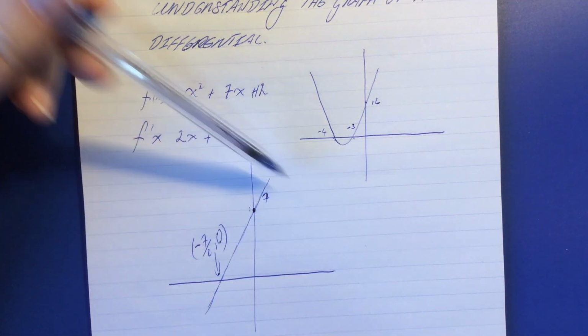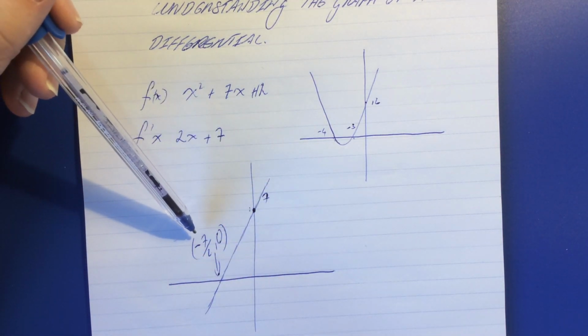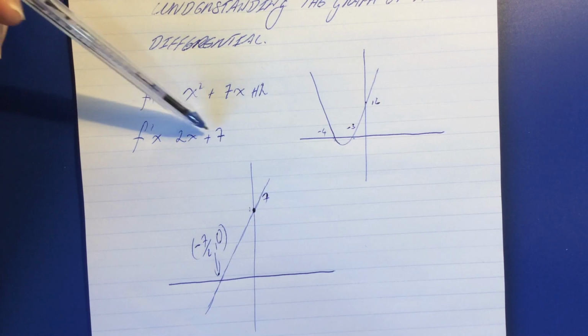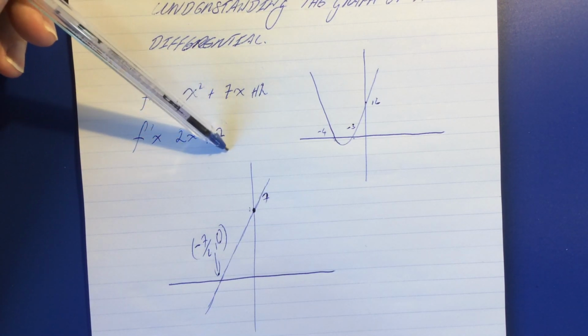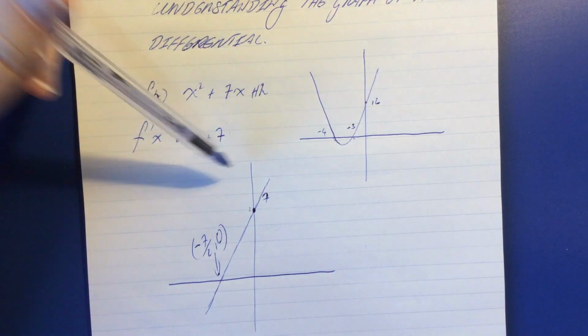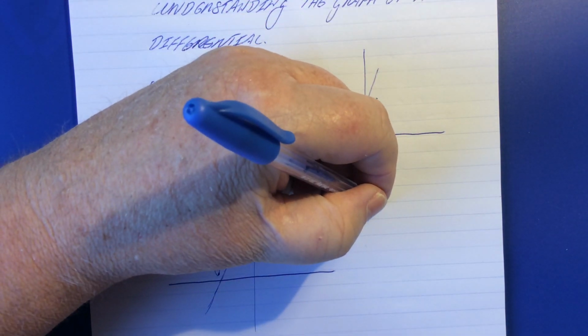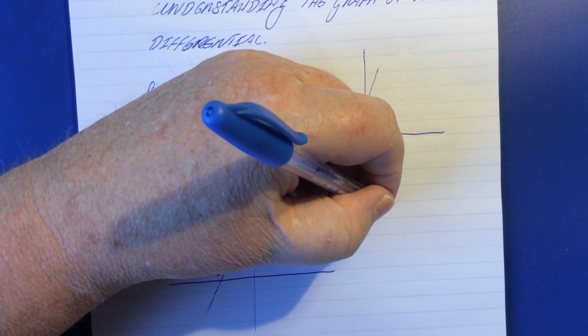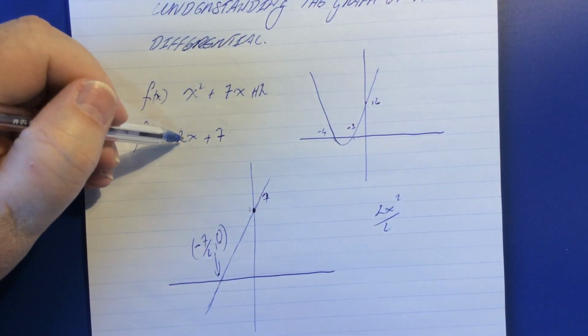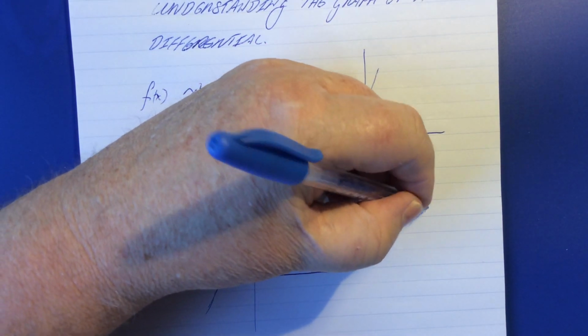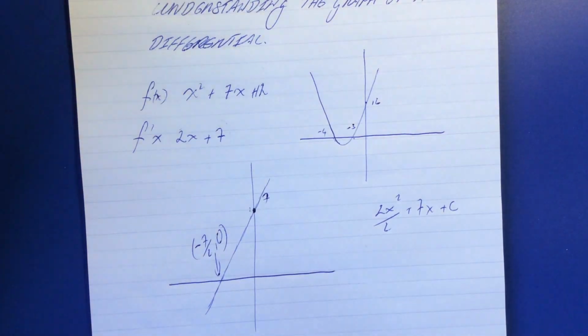This doesn't tell us what the y-intercept is. Even if we integrated this, even if we went through the process of an antidifferential, what we would get is 2x squared on 2 for that, plus 7x plus c.